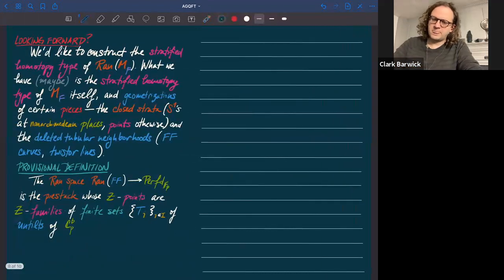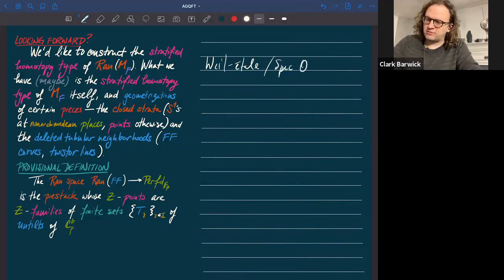When you do the Weil-étale thing over Spec of O_K, or O_F for the purposes of this talk, then I think the issue is that the cohomology looked correct in dimensions 0, 1, 2, and 3, and then it goes nuts in dimensions 4 and higher.